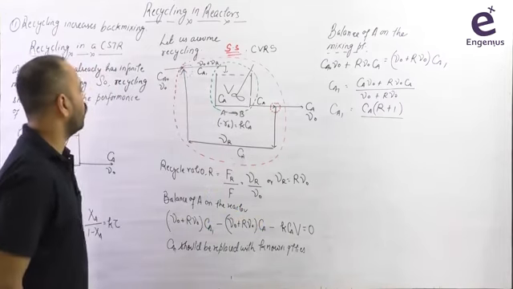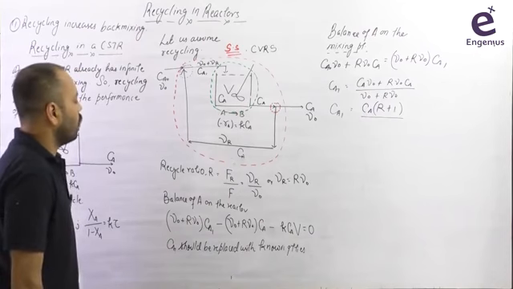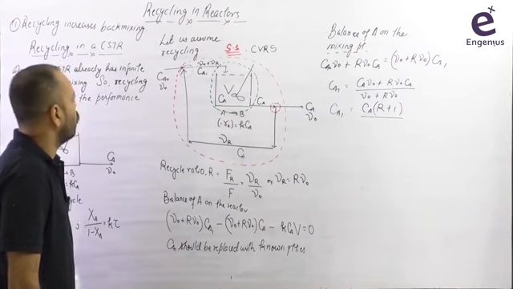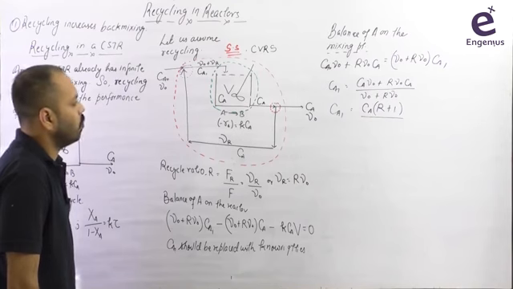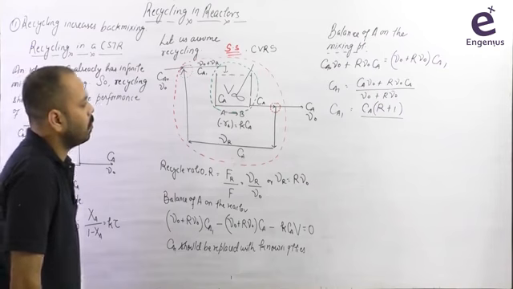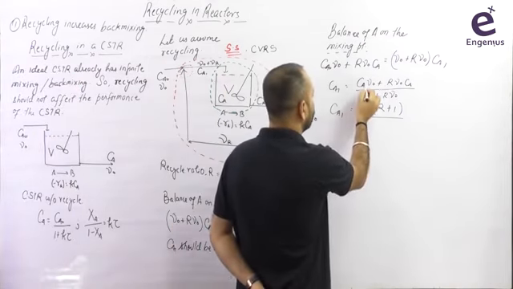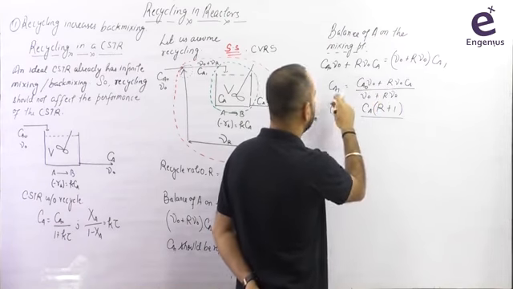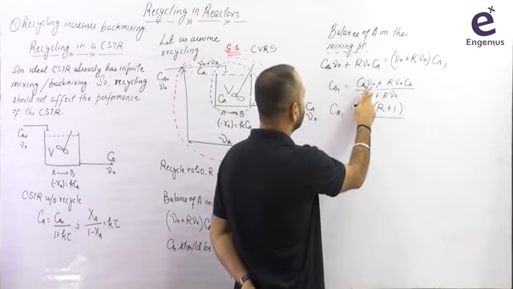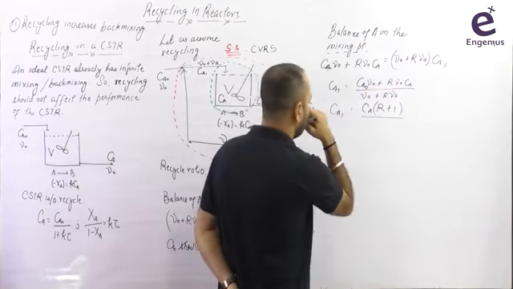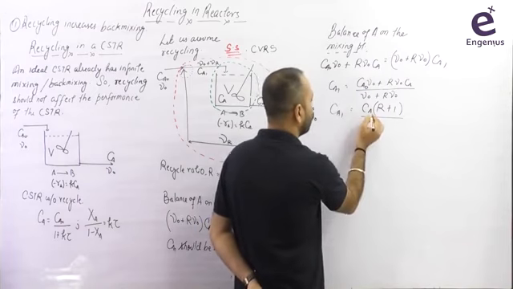Balance of A on the mixing point: what is coming plus what is coming from here, which is nu R, is equal to R nu naught into CA, is equal to nu naught plus R nu naught into CA1. So CA1 is CA, okay, I think there is some problem here. R nu naught CA, this should be CA naught. I hope now it is fine. CA1 is equal to CA naught nu naught plus R nu naught CA divided by nu naught plus R nu naught. Okay, that was the mistake which was happening here. So CA1 is equal to CA naught.